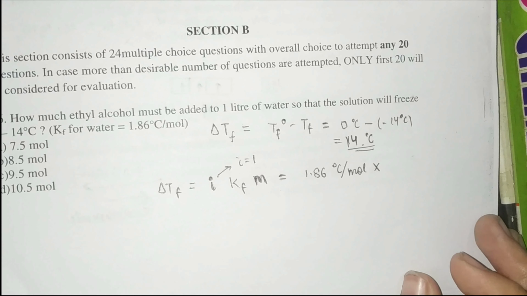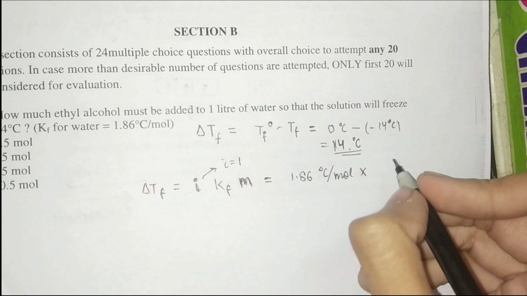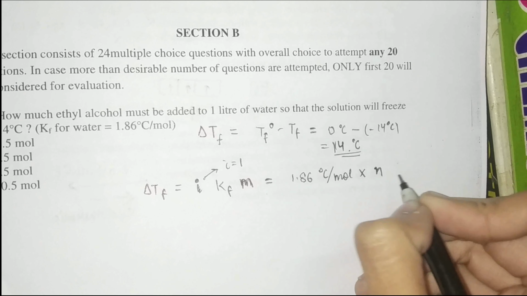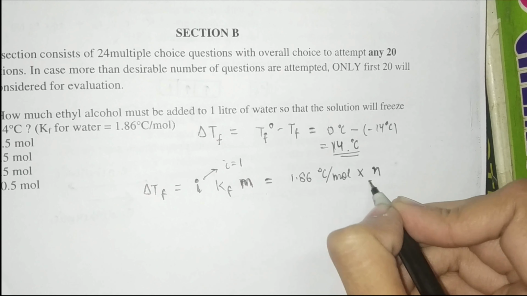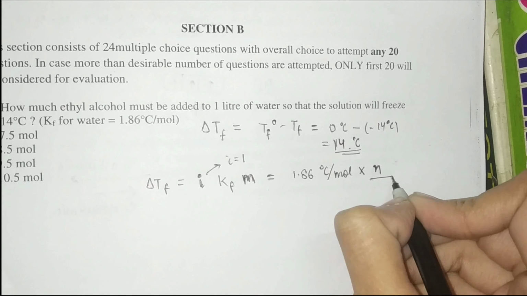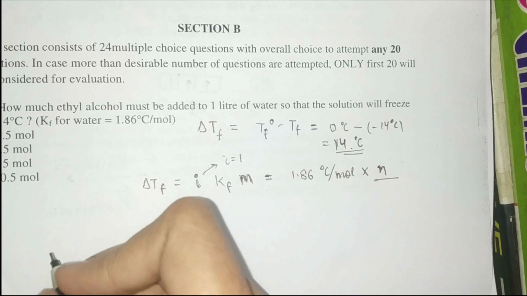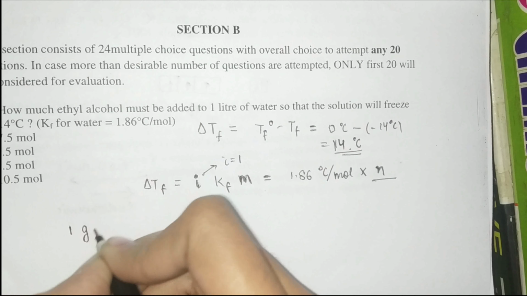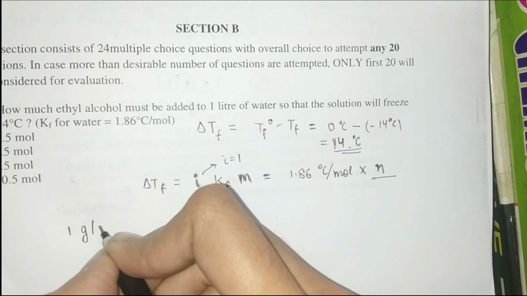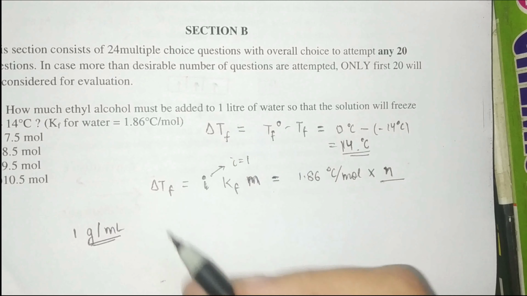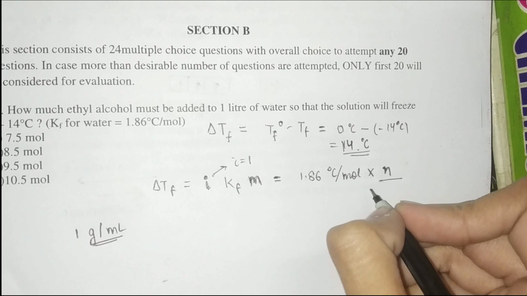What is molality? It is the number of moles of solute, that is the number of moles of ethyl alcohol that we have to find out. Let's say it's n. And then the mass of solvent. It's given 1 liter of the solution, but we are assuming that the density of water is 1 gram per ml. So if 1000 ml of water is there, then 1000 gram of solvent will be there.